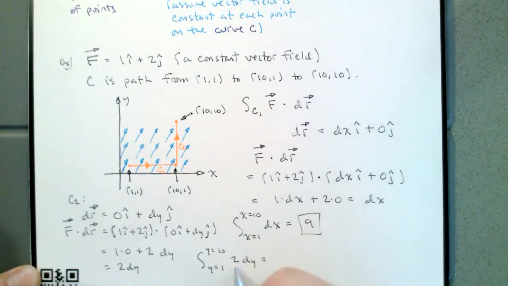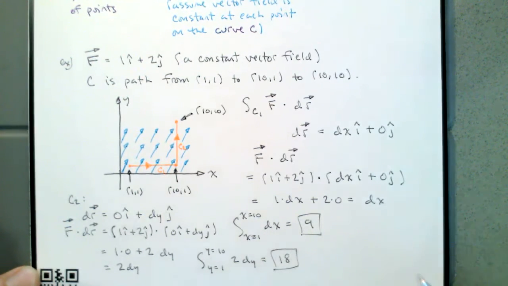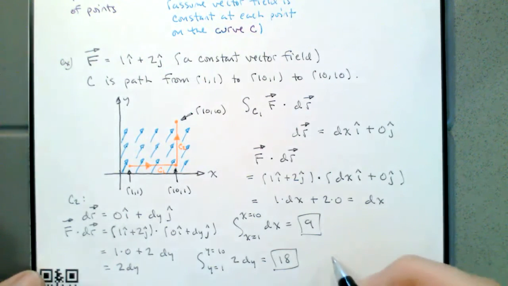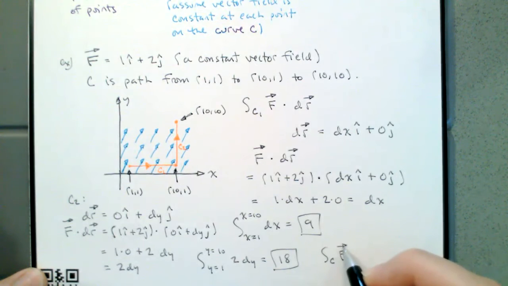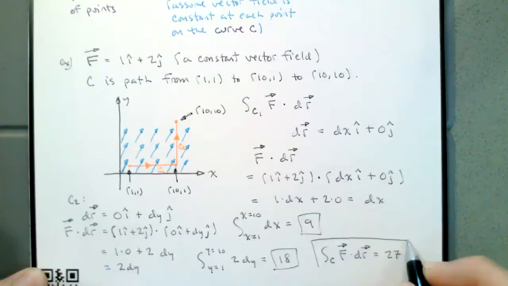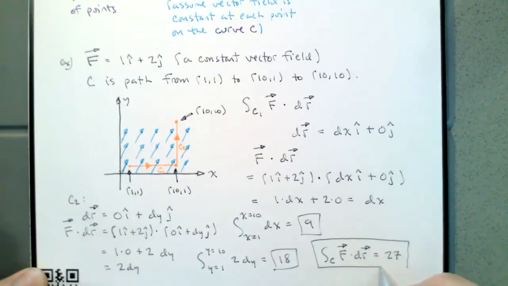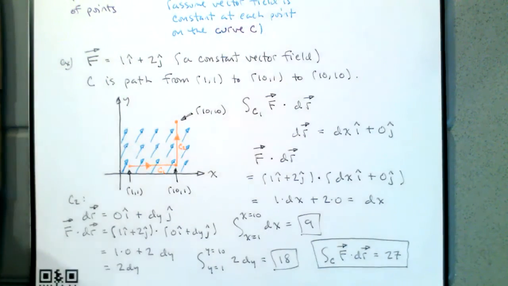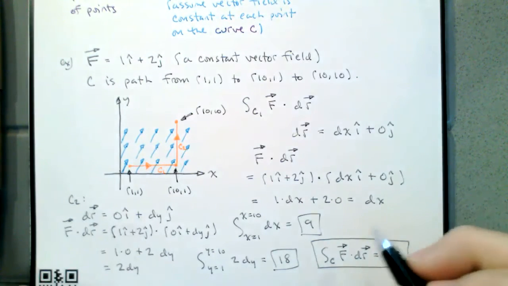So this is going to be 2 times the length of the interval, so 18. Because integration is just addition, the integral along C of f dot dr is 9 plus 18, which is 27.